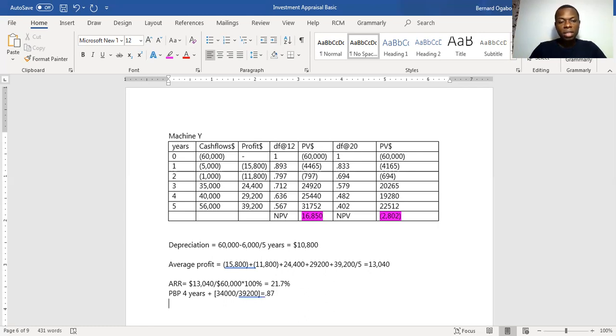So how do I get the number of years? So I'm going to say 4 years. And I multiply this 0.87 by 12. And that gives me 4 years and 11 months, because it's 10.4, so I approximate it to 11 months.